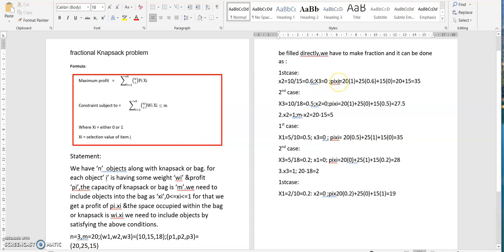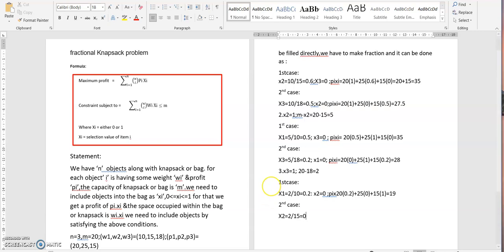Next, we need to find the second case. In the second case, after including the third object, include the second object. So we need to find the fraction for the second object: 2, the remaining space, by the second object's weight, that is 15.